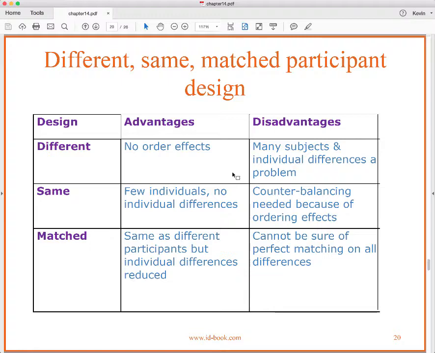Counterbalancing is needed because of ordering effects, so we need to take care of the ordering. And then on the match side, the advantages are the same as the different participants, but individual differences are reduced, so that's good. The disadvantages are, even though we're trying to match people, we don't know how well we match them, so we can't be sure that they've been matched perfectly on all the differences.